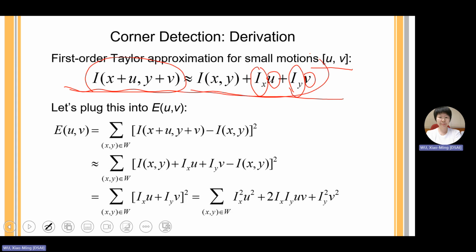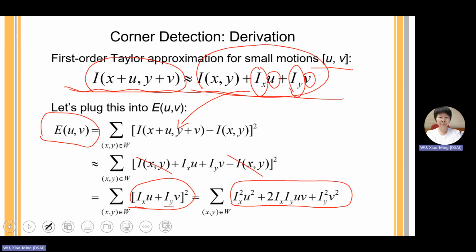Then we plug this in to represent this item. And very nicely, you can see these two terms just cancel out, and what's left are Ix and Iy. Ix is the x derivative and Iy is the y derivative. So this term can be computed.